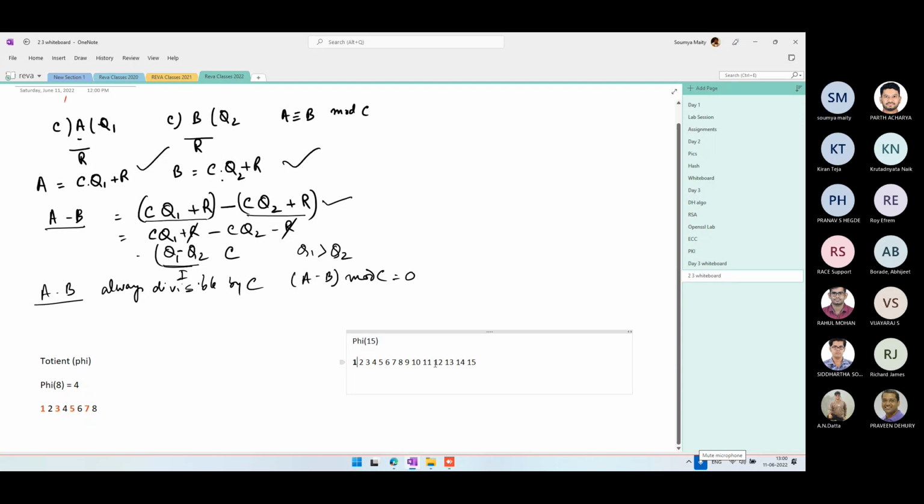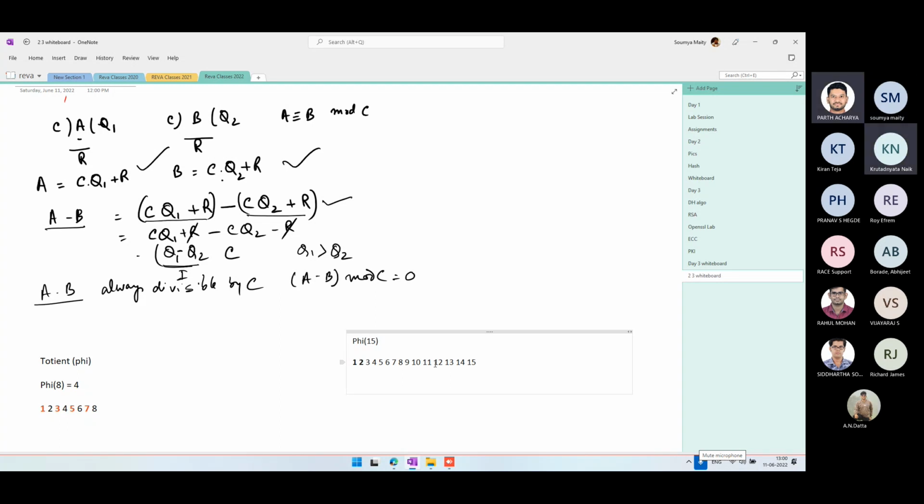Second, which numbers do not have a prime factor in common with 15? 2, 4, 7, 8, 11, 13, 14. Correct? How many of them? 1, 2, 3, 4, 5, 6, 7, 8.